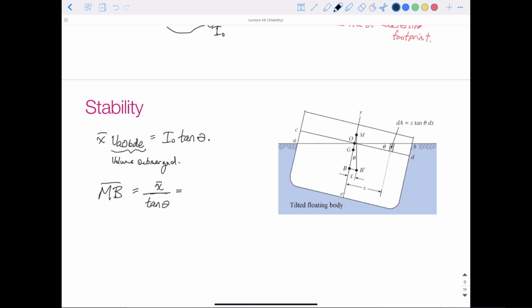And this is equal to, if we use the equation above, x bar over tan theta is equal to our I0 divided by the volume submerged.